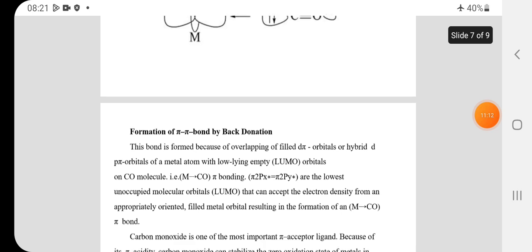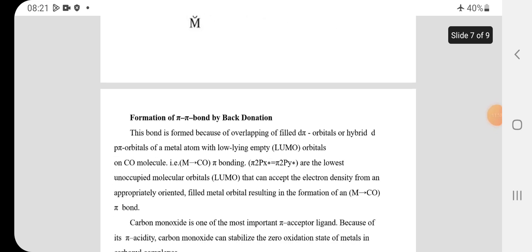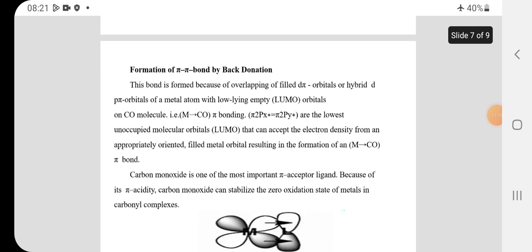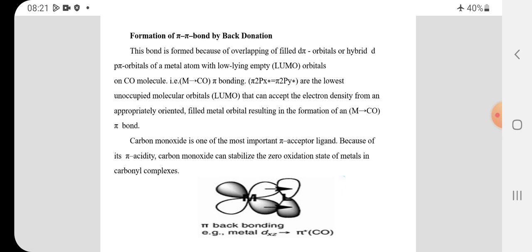The next one, formation of pi bond by back donation. In general, in pi-back donation, electrons are transferred from the metal to the antibonding orbital of carbon monoxide.